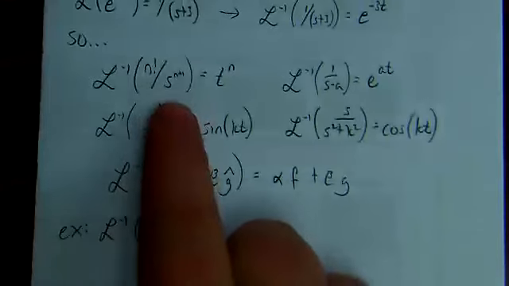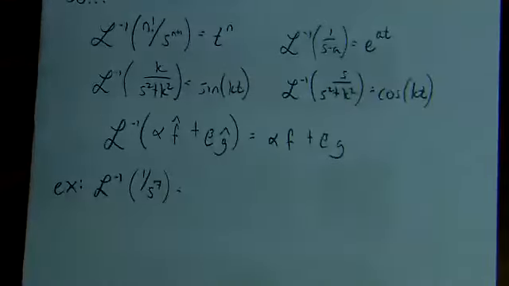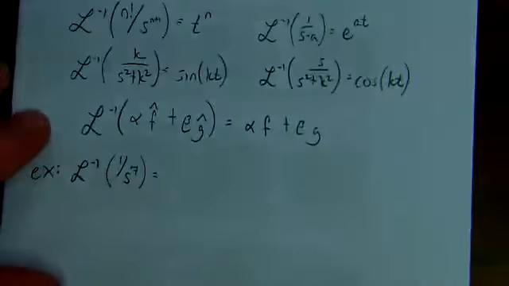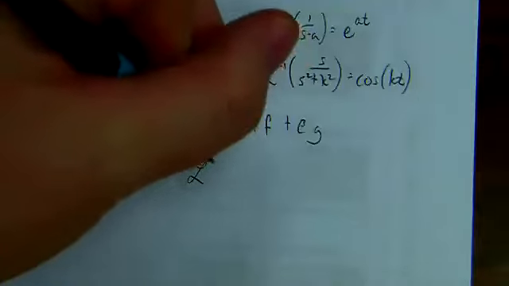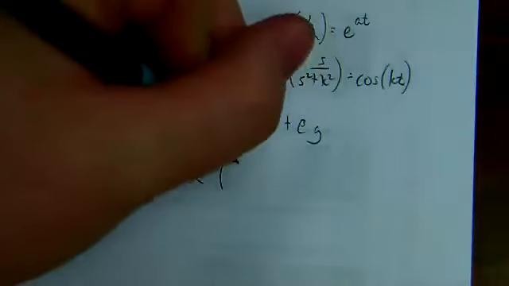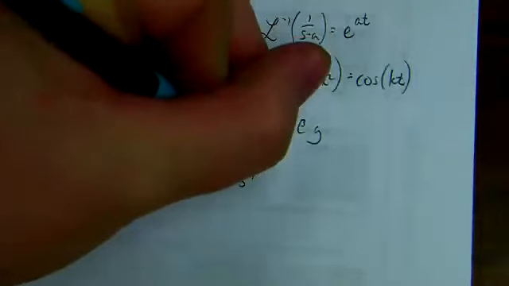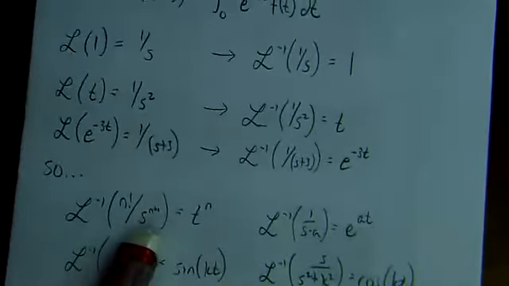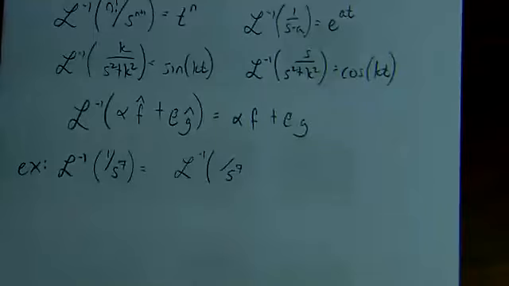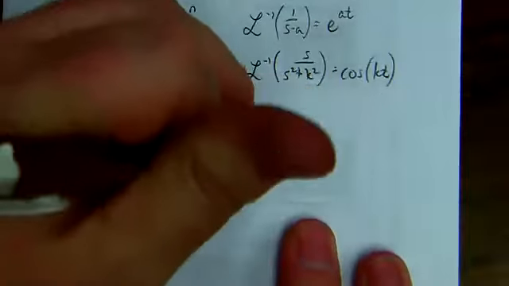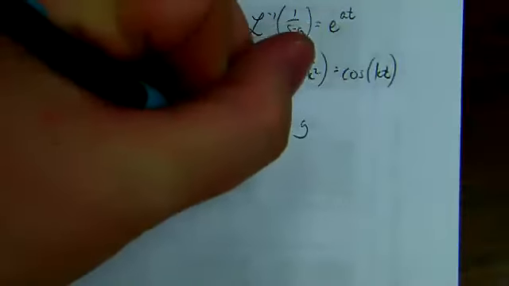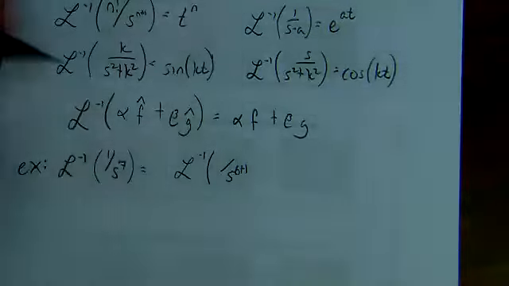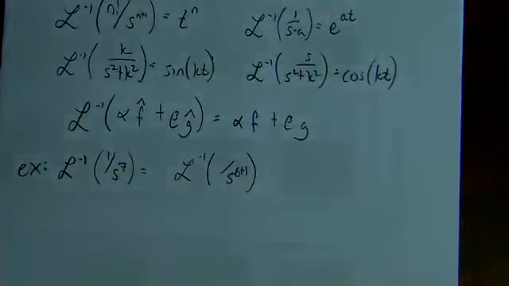But using this generalization here, I acknowledge that if I rewrite this as inverse Laplace of something over s to the 7, I'm looking for this n plus 1. So if I siphon one of those off, make it 6 plus 1 instead of 7, so that's s to the 6 plus 1 power.